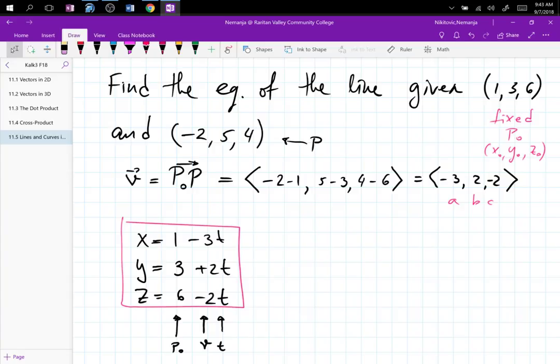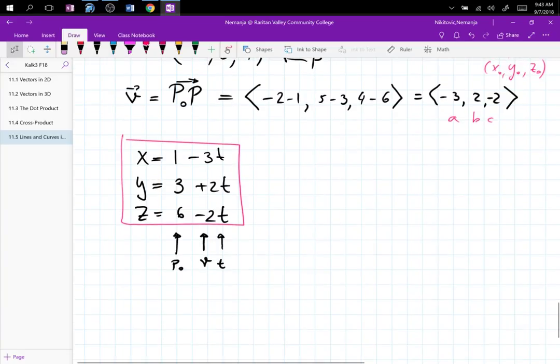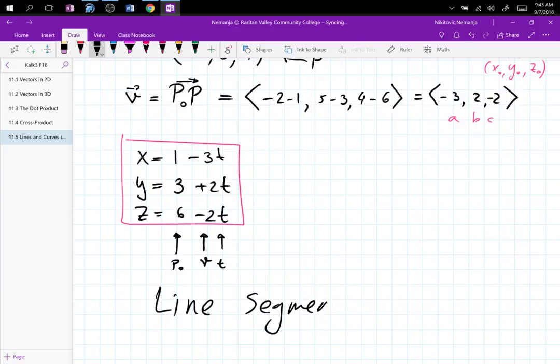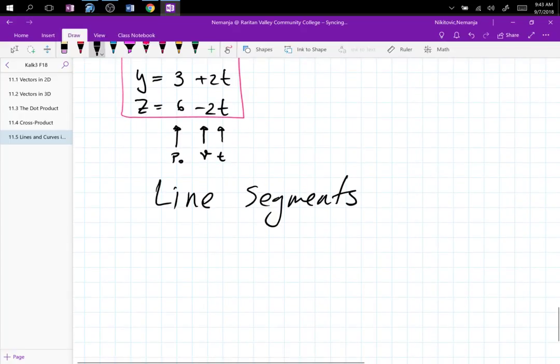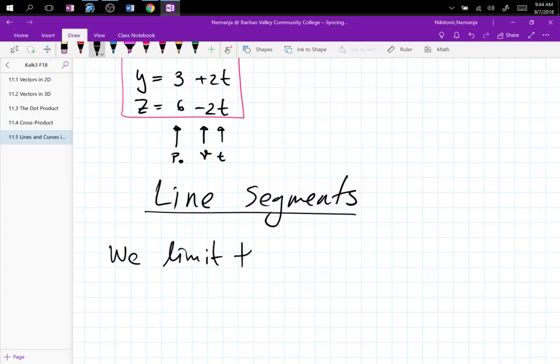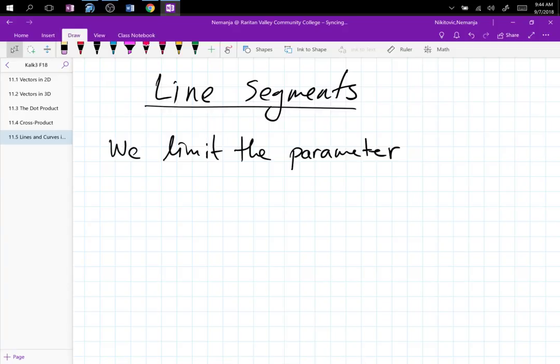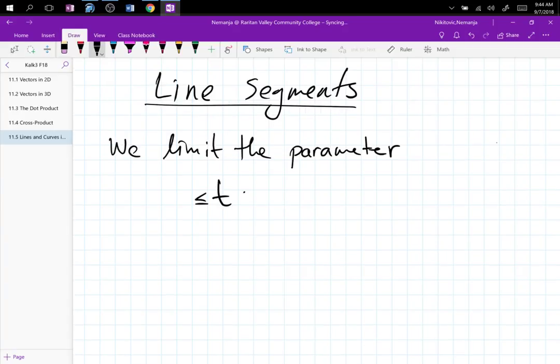So now the next topic here is exactly your question: line segments. To get a line segment, we limit the parameter. We say t is going to be in between two values.